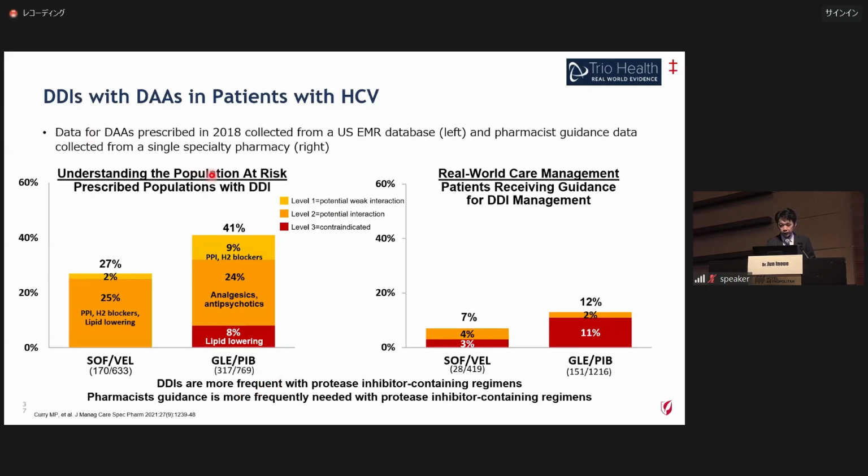And this data from a database and from pharmacy shows sofosbuvir has low interaction with the drugs. Sofosbuvir does not contain a protease inhibitor, so there is less interaction with other drugs.